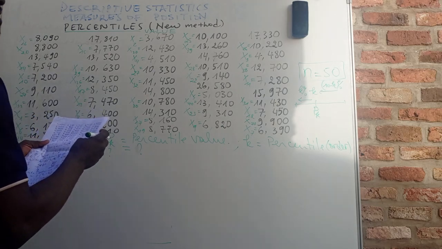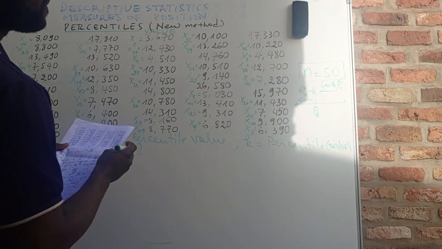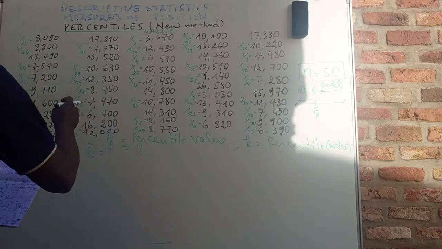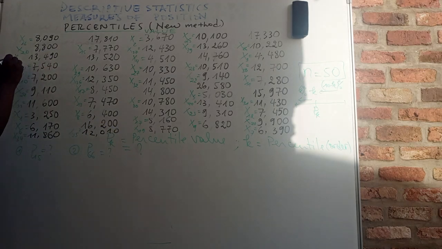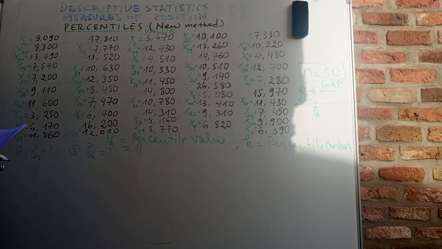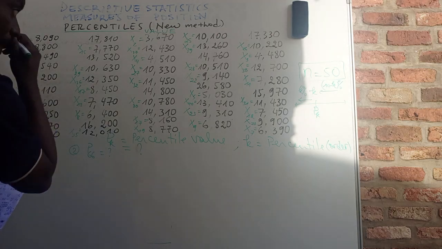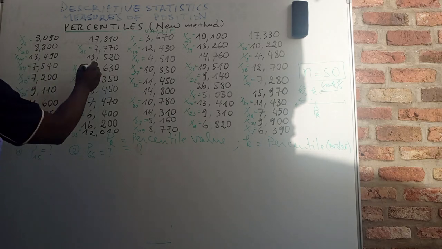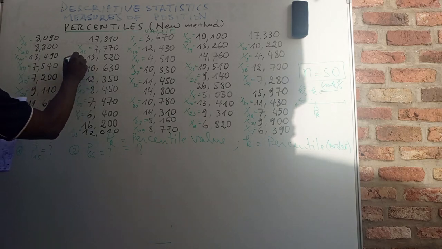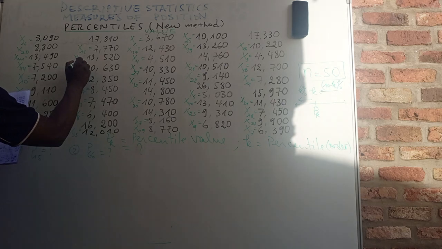This is 13490. x sub 41. x sub 42 is 13520. x sub 42.